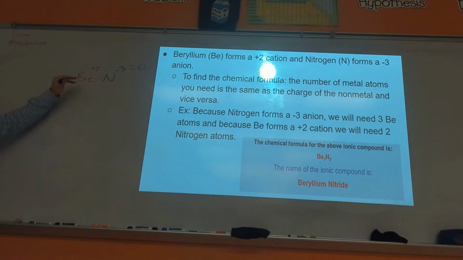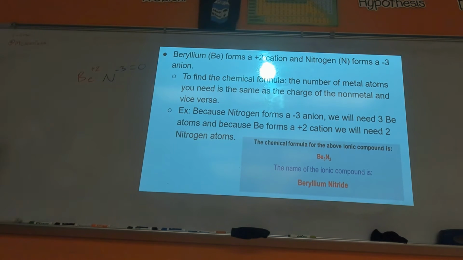So right now, if I had 1 beryllium and 1 nitrogen, this would be a +2 going to a -3. Does that equal 0? No. 2 minus 3 does not equal 0. So what you have to do is adjust the number of berylliums and the number of nitrogens to get the overall compound to equal 0.